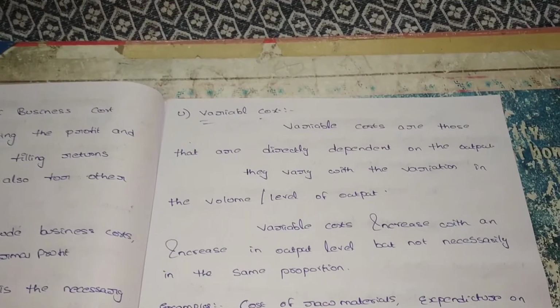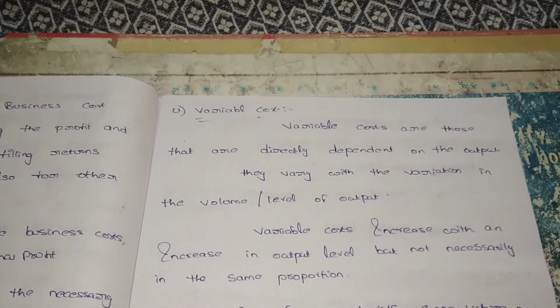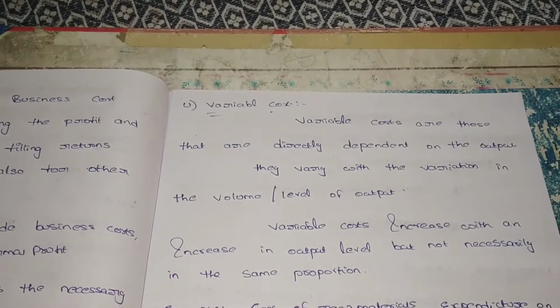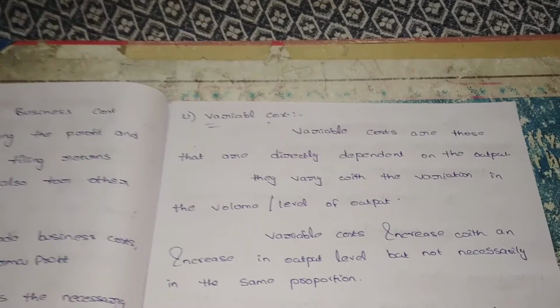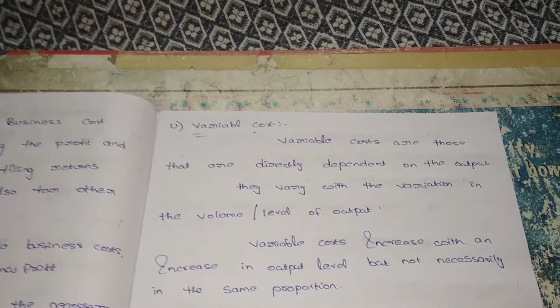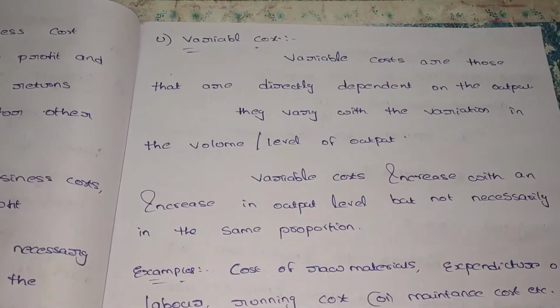We can say there is not a proportionate increase. There may be a high increase or a low increase. We already discussed high returns, constant returns and low returns in the law of returns to scale. When the input increases, the output also increases, but not in the same proportion. Equal proportion we can say is constant returns. High proportion is high returns. Low proportion is low returns.